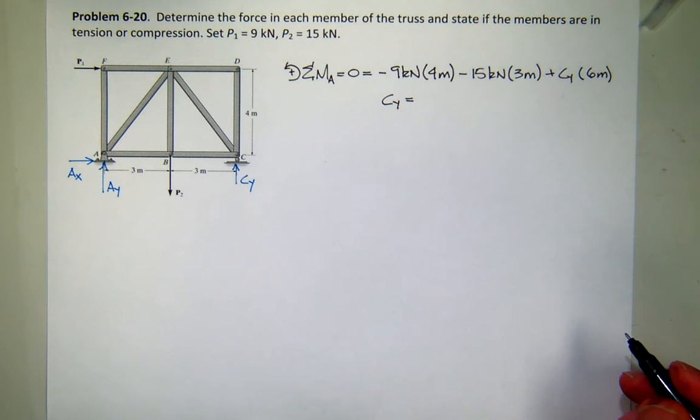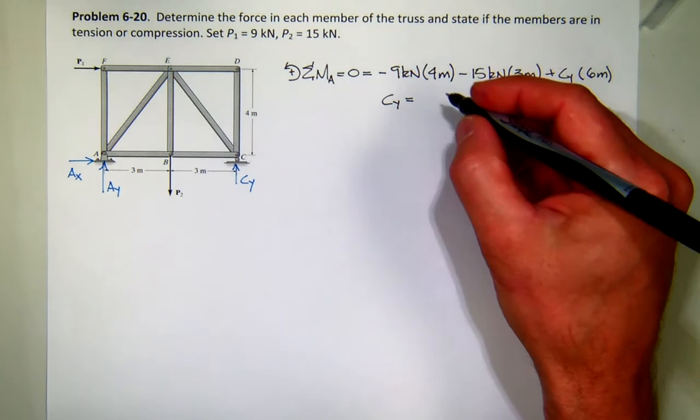Anybody else get 13.5? Negative 13.5. No? It's not that hard, guys. Help me out. Did you get that, Mr. Ellis? 10.5. 10.5? 13.5. Oh, 13.5? All right.